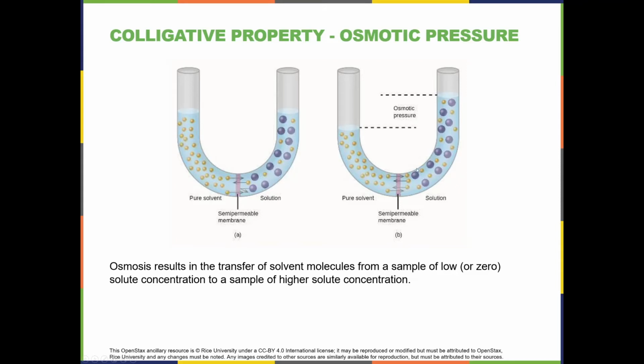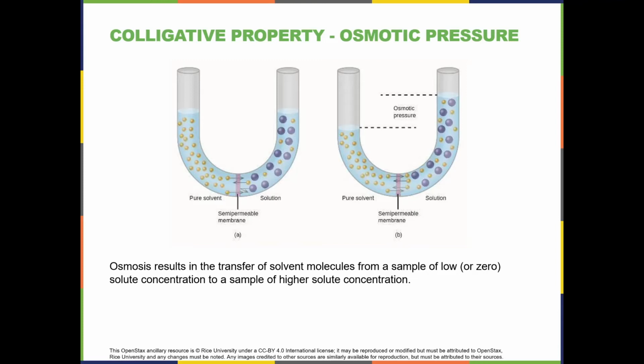But it turns out that this will not flow over here completely forever. You reach a point where it stops flowing, which is why we think of this in a U-shaped tube. The point at which it stops flowing, the liquid level on this side goes up, and the liquid level on this side goes down. And the difference in height here is referred to as the osmotic pressure.